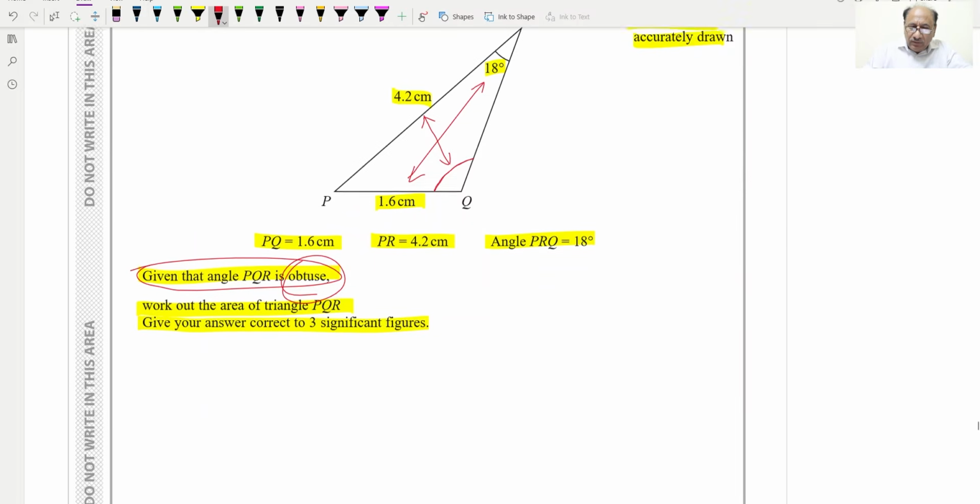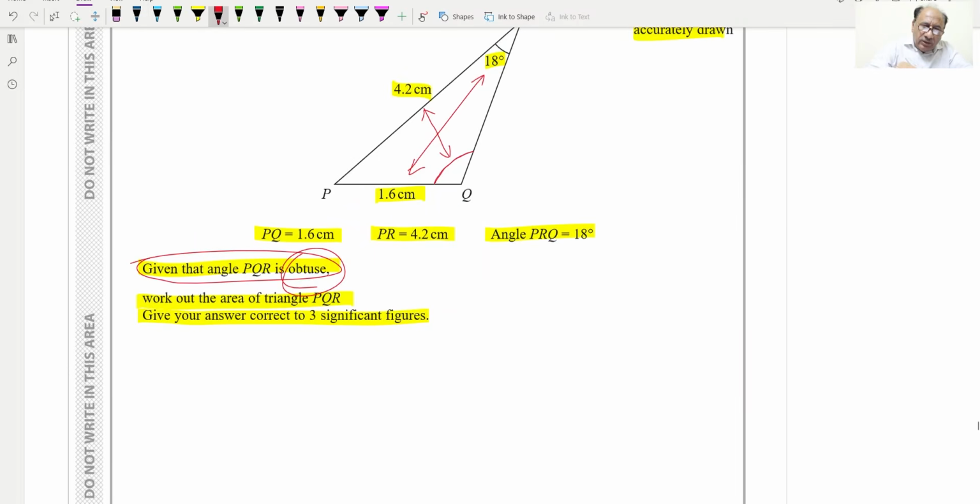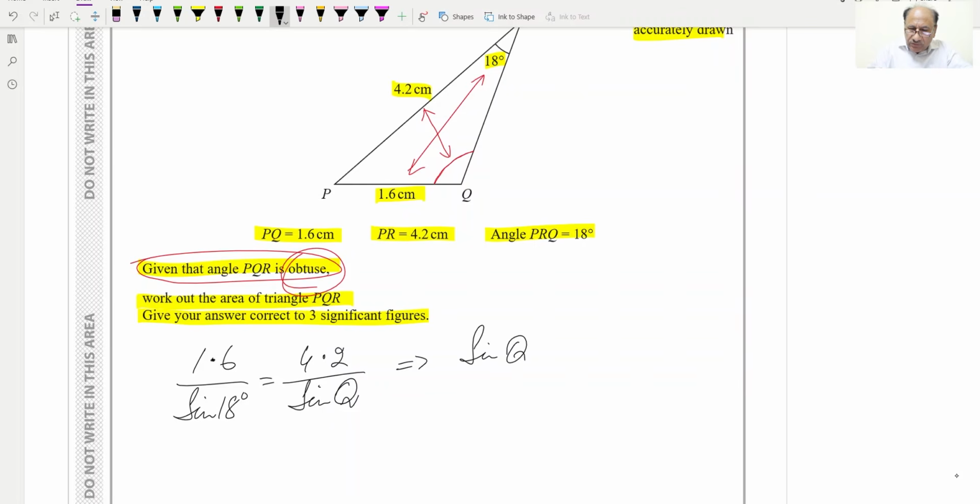So we can write the sine rule: 1.6 divided by sine of 18 degrees is equal to 4.2 divided by sine of q. This implies sine of q is equal to 4.2 sine 18 degrees divided by 1.6.